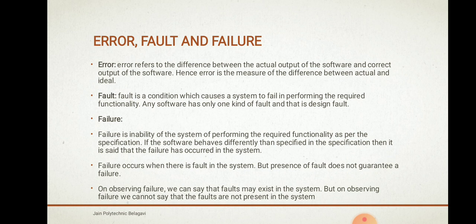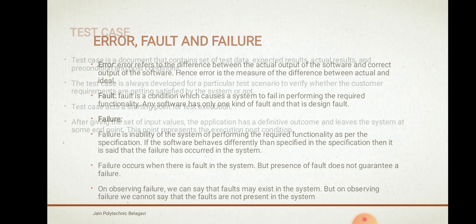Failure will occur only when there is a fault in the system, but the presence of a fault will not guarantee the failure. On observing the failure, we can say that a fault may exist in the system, but it is not a 100% guarantee that there is a fault in the program. But on observing the failure, we cannot say that faults are not present in the system. So failure will not depend on the fault.